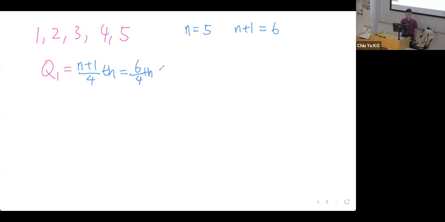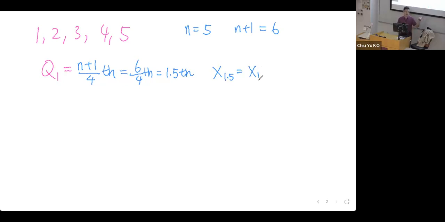And you can use a calculator, which you're allowed, right? So it's actually the 1.5th data point. 1.5 is very simple. You're asking what this number is according to interpolation. You start from the lowest number, the floor function.